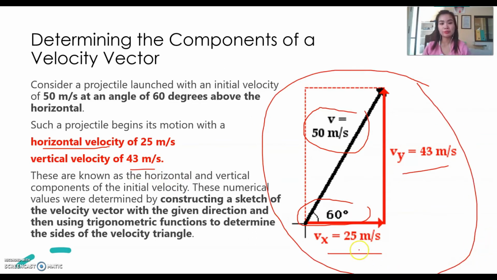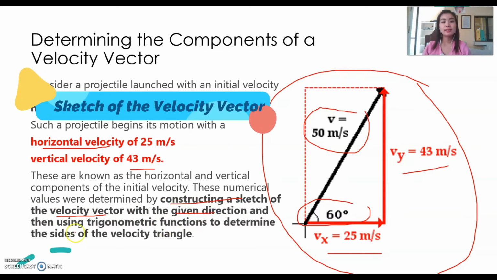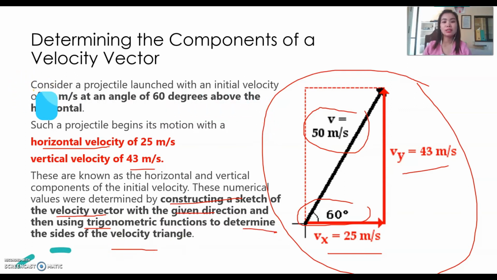Very good, that's 25. How about the vertical velocity? Very good, that is 43 meters per second. So, by constructing a sketch of the velocity vector with a given direction and then using trigonometric functions, we can determine the sides of the velocity triangle.